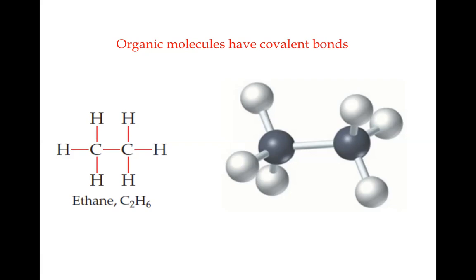Meth is 1 carbon. So meth, eth, prop is 3 carbons. But is 4. Pent is 5. Hex is 6, and you have sept and oct and non and deca and stuff like that.